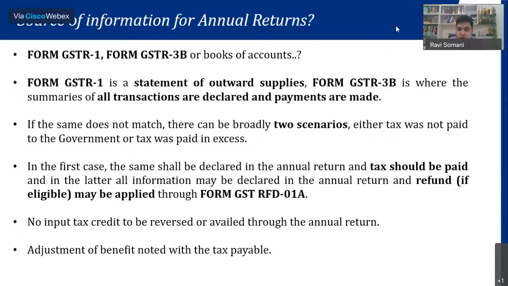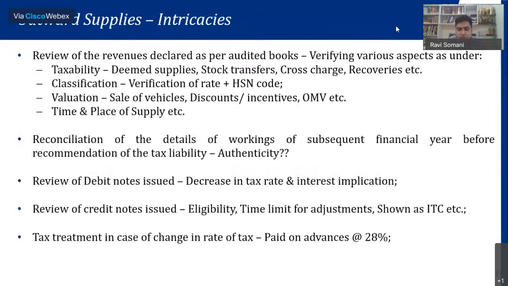You cannot claim refund directly through the annual returns. No input tax credit will be availed in the annual return, I've already discussed. Adjustment of any benefit noted with the tax payable can also be done. There's something more on the adjustment which I will talk about in more detail in coming slides.